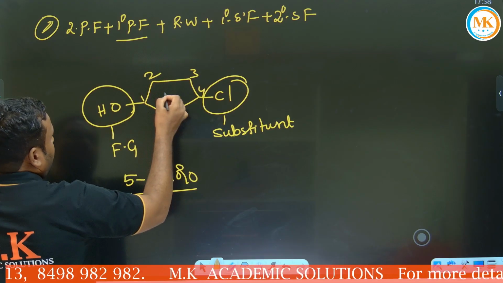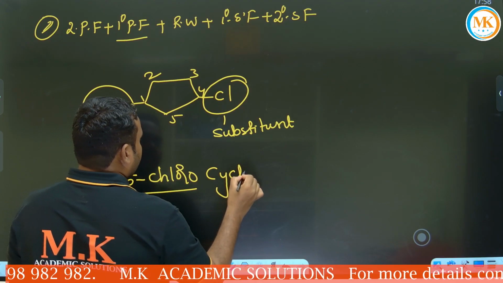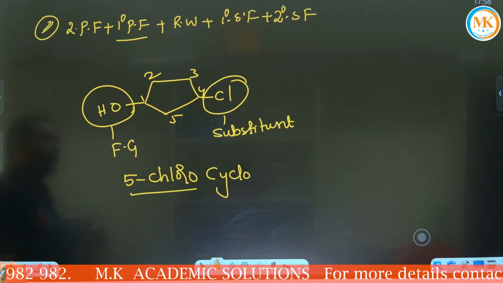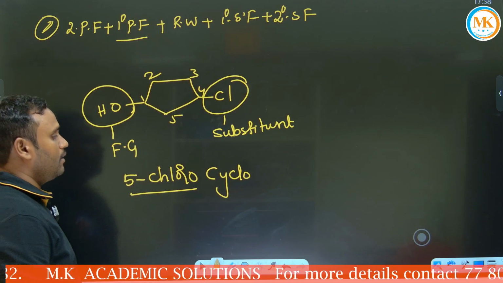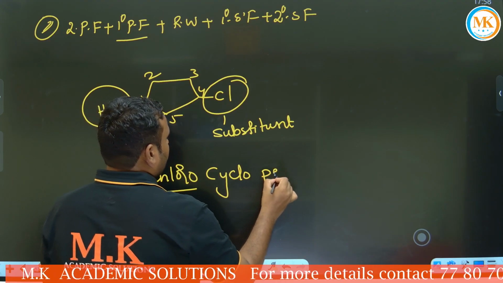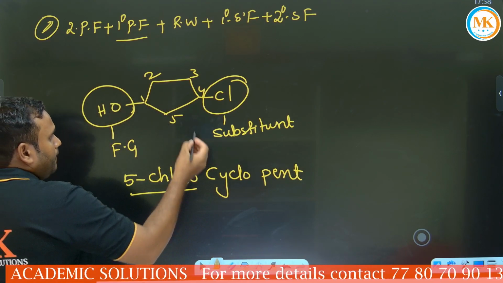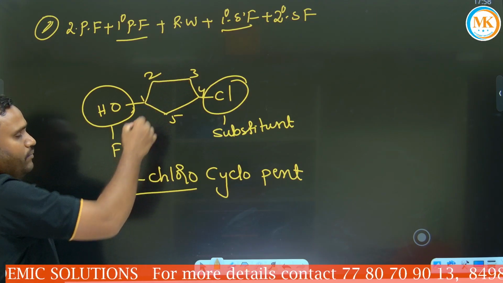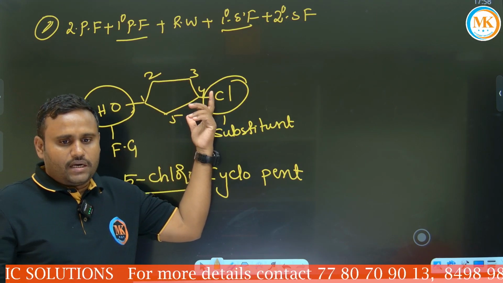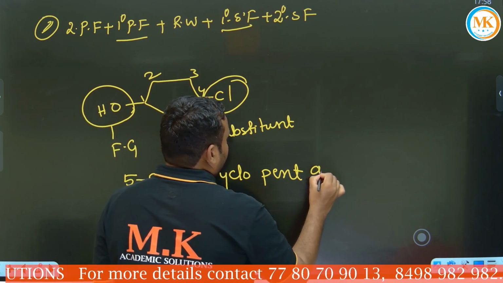The primary prefix is for closed chain compounds, so that's why we are going to write cyclo. Next, the root word. Here, how many carbons are there in the main carbon chain? 5 carbons are there: pent. And what is the primary suffix? It is saturated, there are no double bonds or triple bonds, so we are going to write an.